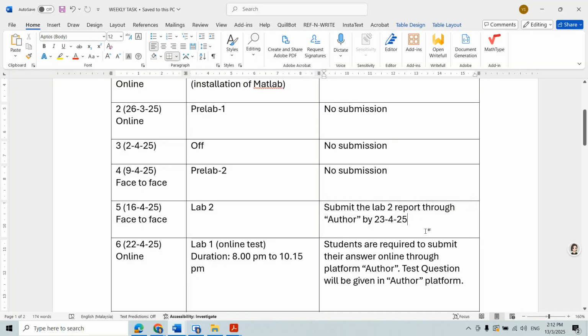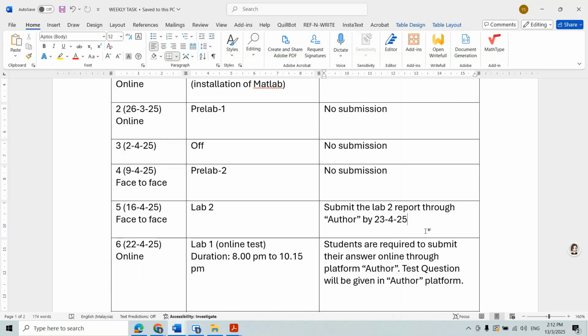This is a platform where I will share all my notes, the pre-lab sheet, the lab sheet, everything. So you have to submit this in the Otter platform.